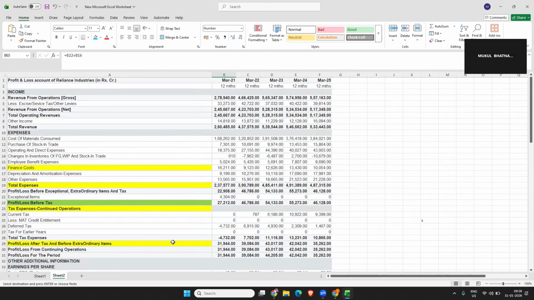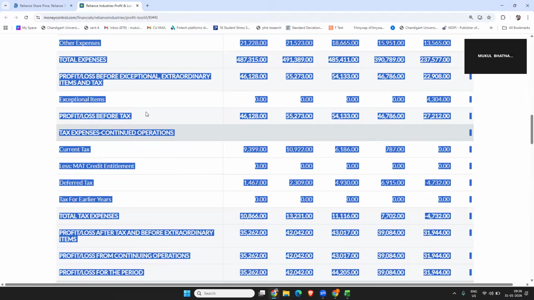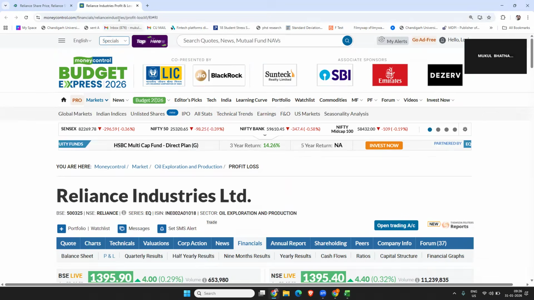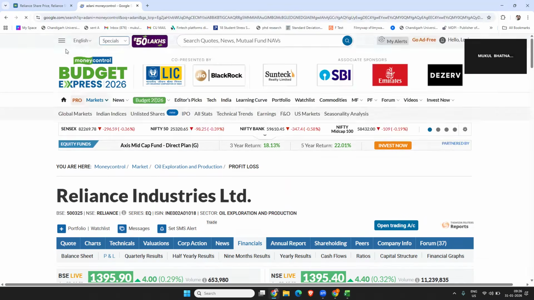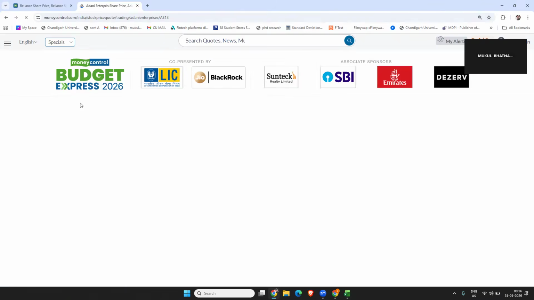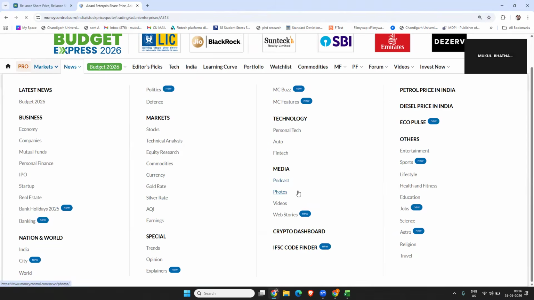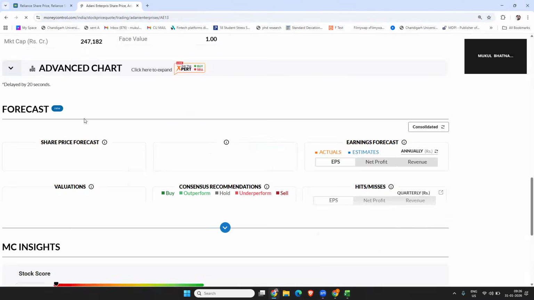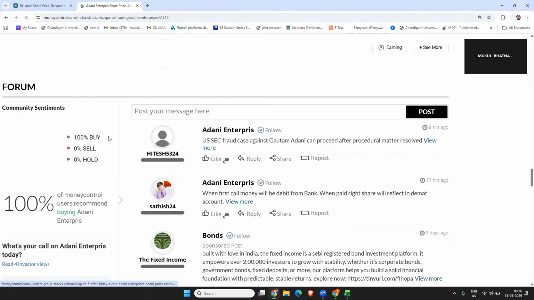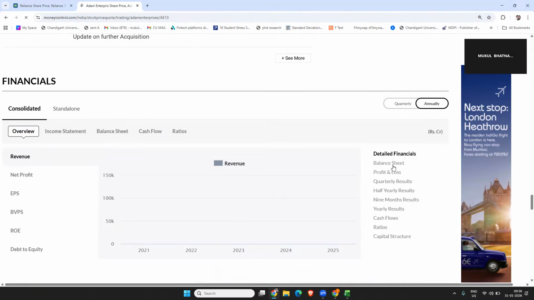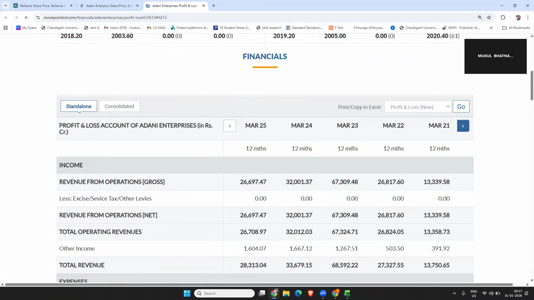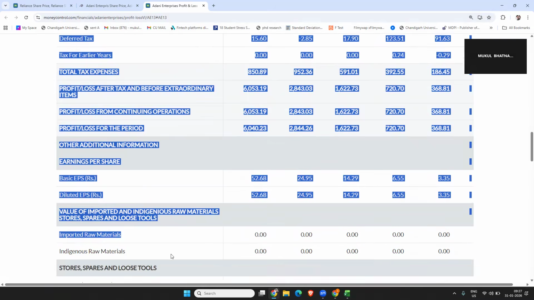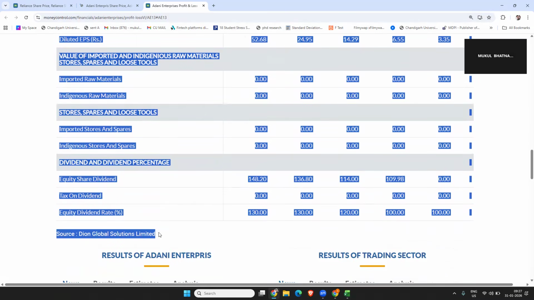Now, for example, we have the data of Reliance, right? And if I write Adani Enterprises Money Control and open its profit and loss account as well, and copy and paste its profit and loss account, make sure that you are copying it till this source.